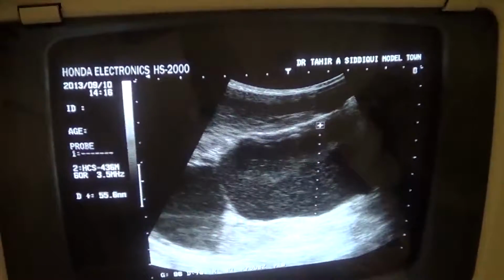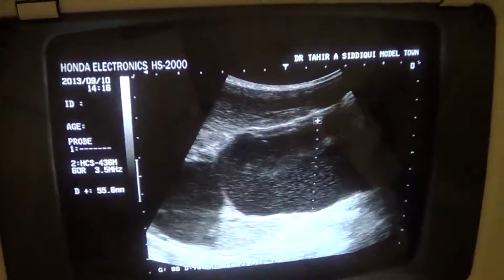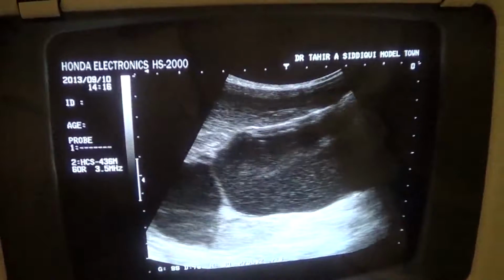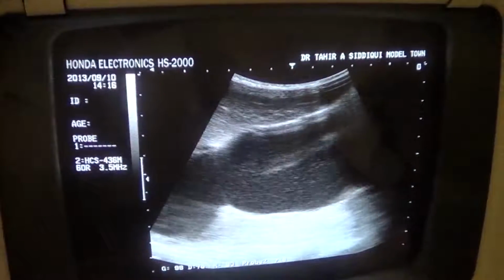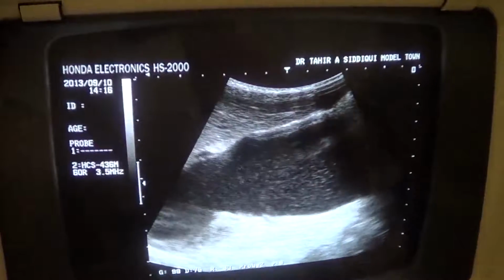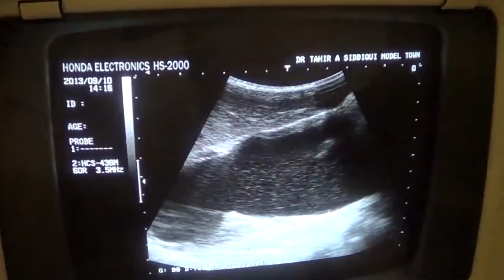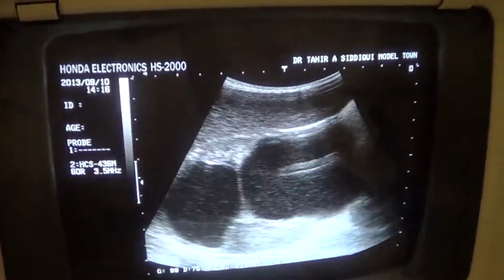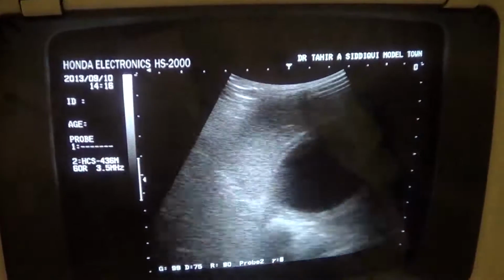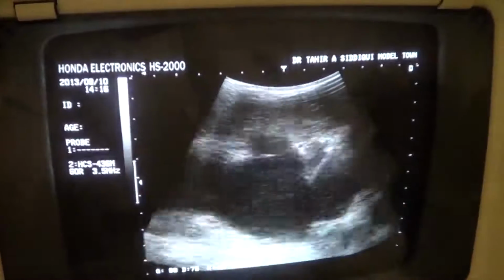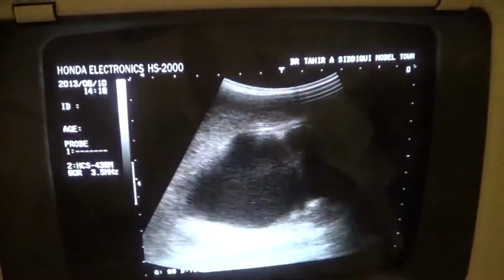More than 7 is considered abnormal. So this is the dilated pelvis with floating echogenic material seen within it, as well as in the dilated calyces of the kidney.